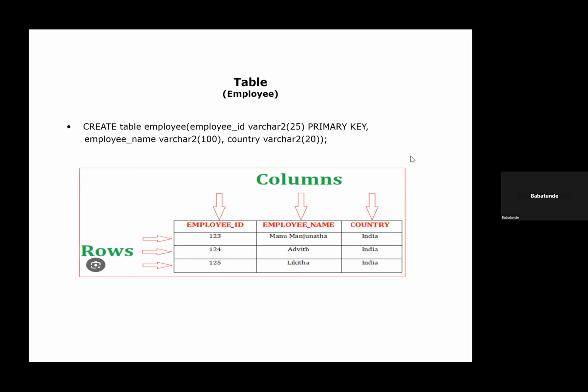And with VARCHAR2, we determine the type, whether it is alphanumeric. If it is alphanumeric, maybe you have Q123, or maybe ABC123. So you can actually capture it in there. But please make it a primary key, meaning make it unique. Make it unique, meaning that if Babatunde is using number 1, no one else can use number 1.